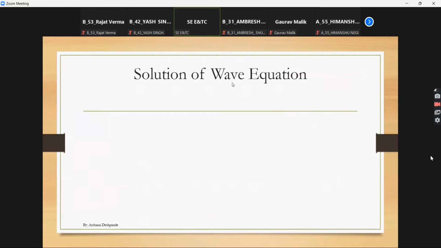Now we are going to make changes in the wave equation. This is the solution of the wave equation, because we derived the wave equation in terms of electric field. Therefore, its solution is the electric field. This is my time varying electric field, which I have fixed now. Because it is time varying, the variation with respect to time is shown here, and it is also varying with respect to spatial coordinates, therefore Z is written here.